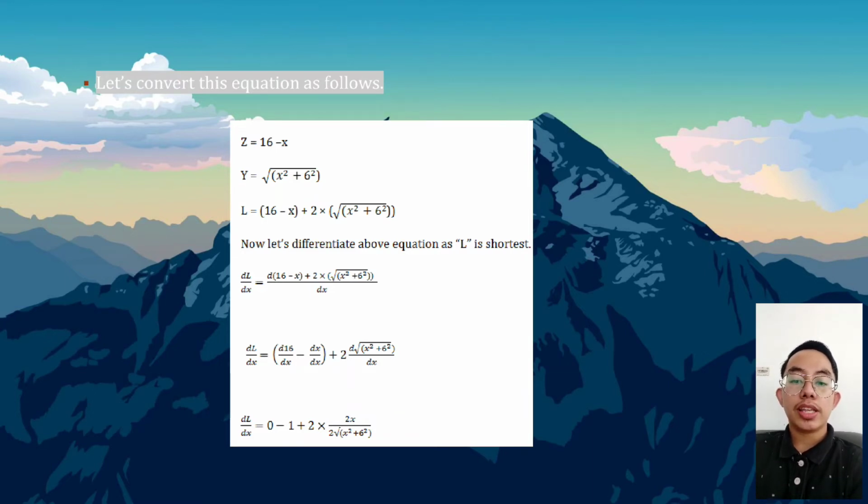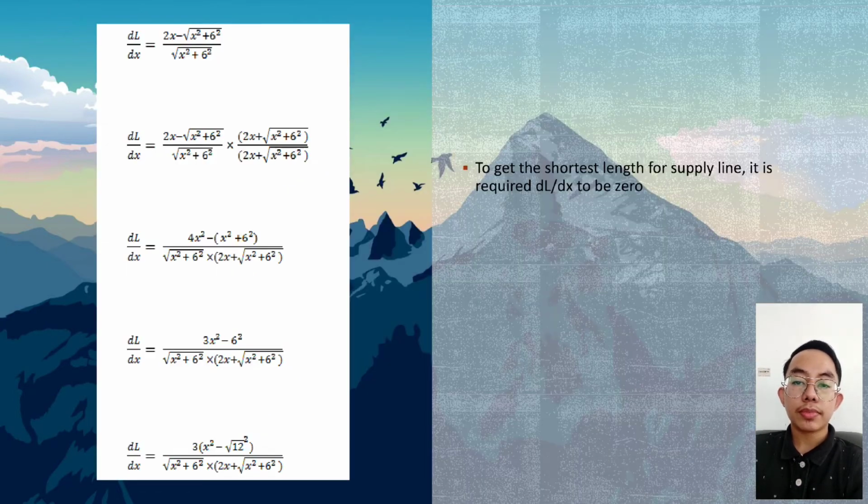dL over dx equals d16 over dx minus dx over dx plus 2 d square root of x squared plus 6 squared over dx. Next, dL over dx equals 0 minus 1 plus 2 multiplied by 2x over 2 square root of x squared plus 6 squared.